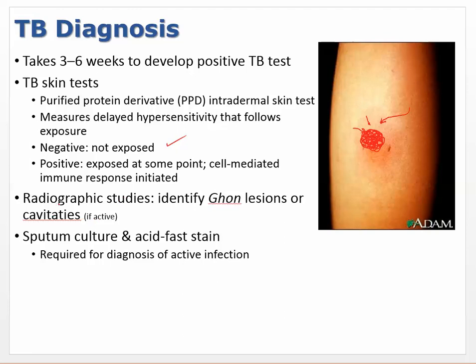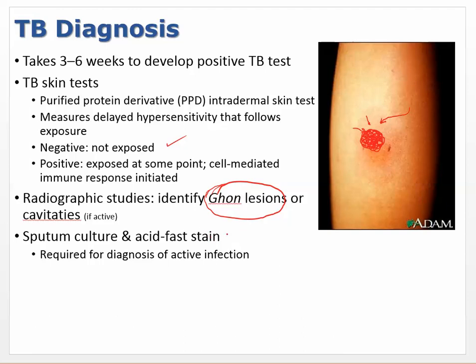So other ways to test for TB: radiographic studies, that's where you're going to identify those Ghon lesions, or cavities, I think that's supposed to say, and the cavities can be there if it's active. You might be able to see the tuberculosis lesions if it's not active. So sputum culture and acid fast stain.